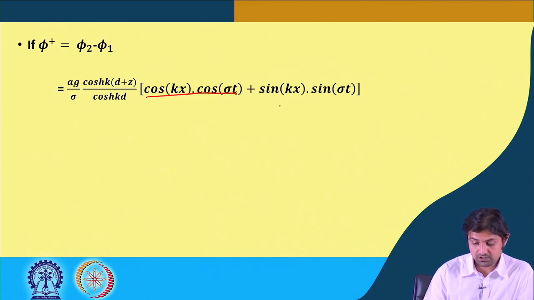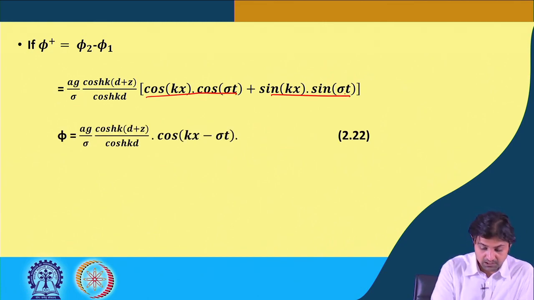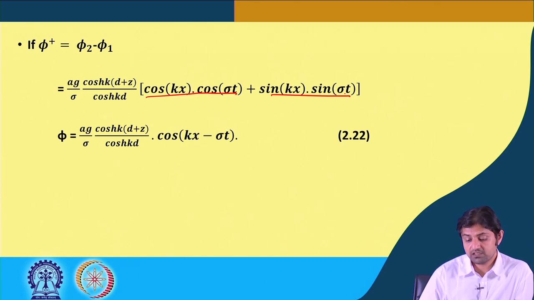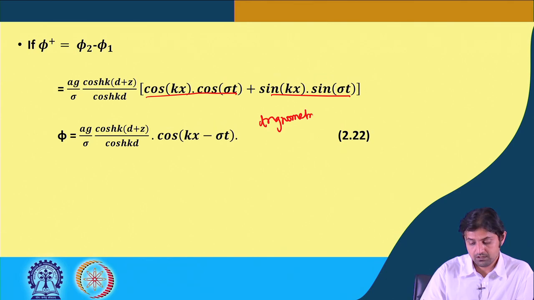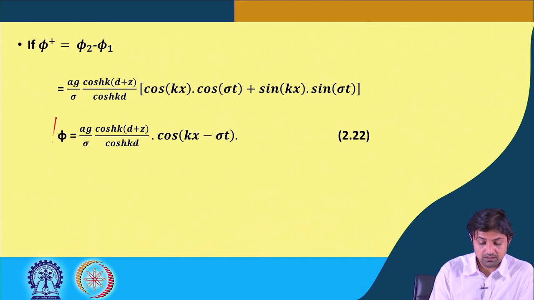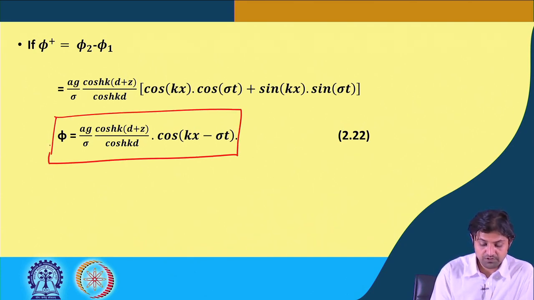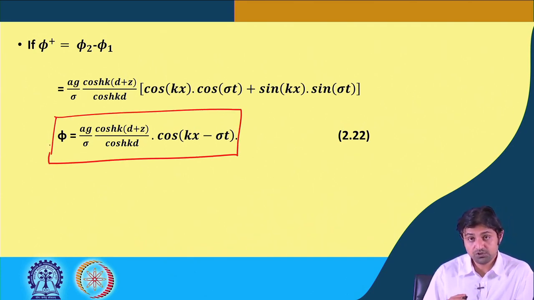So, cos kx cos sigma t plus sin kx sin sigma t can be written as cos (kx minus sigma t) using trigonometry. All right. So, the final velocity potential, the formula for which you are supposed to remember, is this one: Ag by sigma cos h k (d plus z) divided by cos h k d into cos (kx minus sigma t).